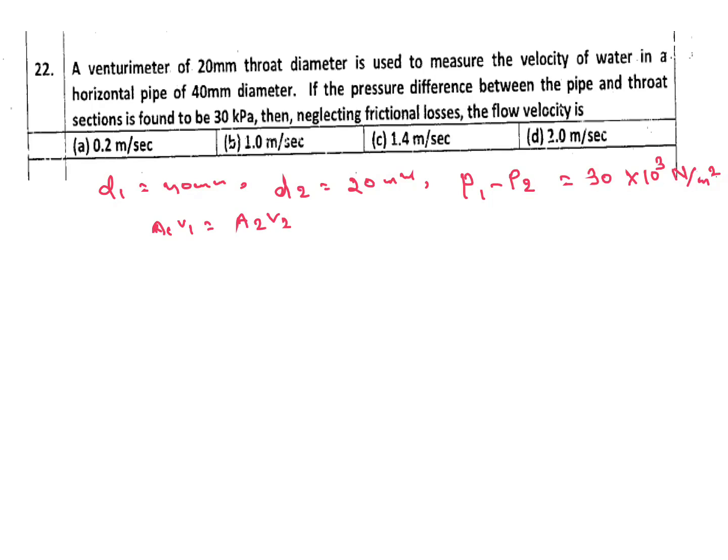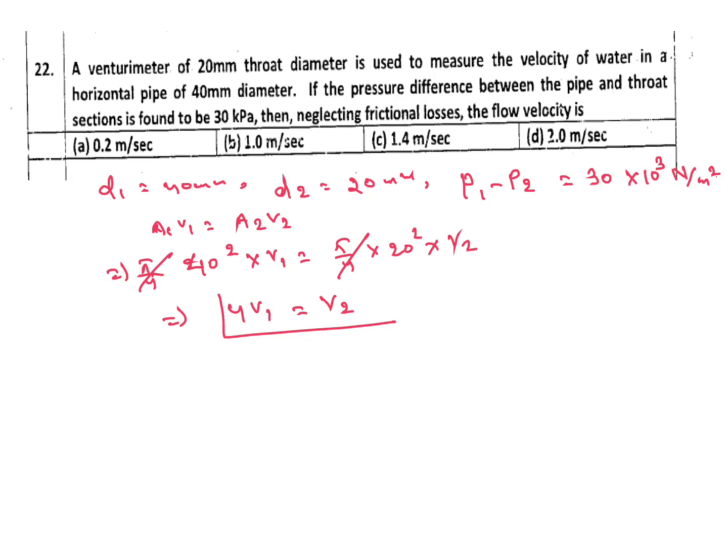A1 is pi by 4 D1 square, 40 square into V1 equal to pi by 4 into 20 square into V2. Pi by 4 cancels. So 4 V1 equal to V2. This is the relation between V1 and V2.